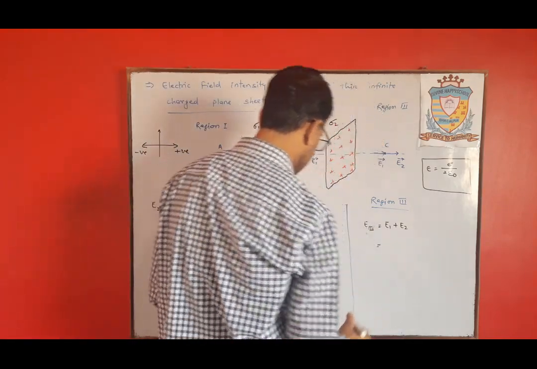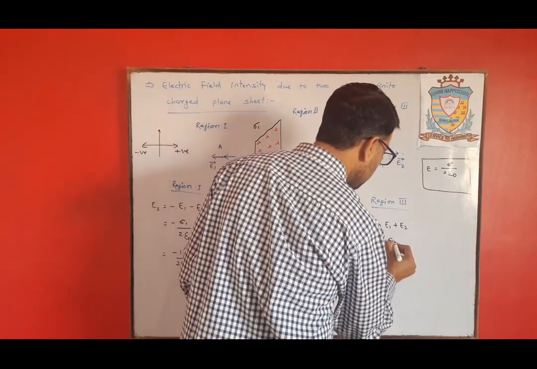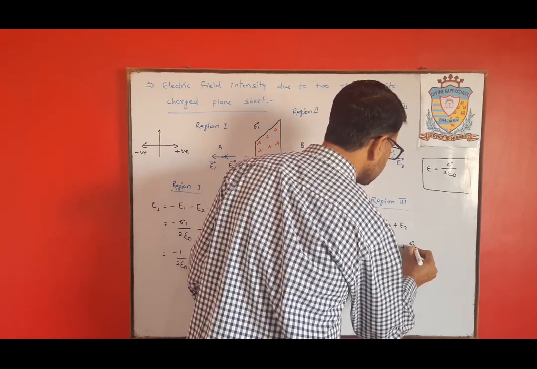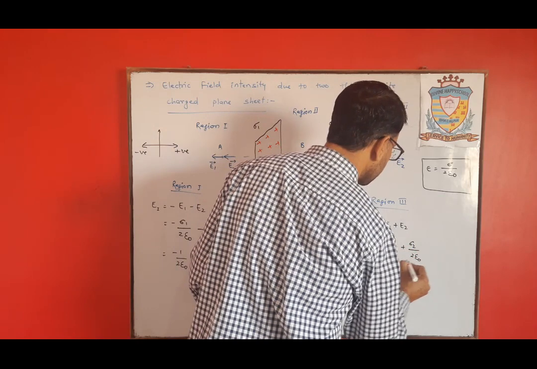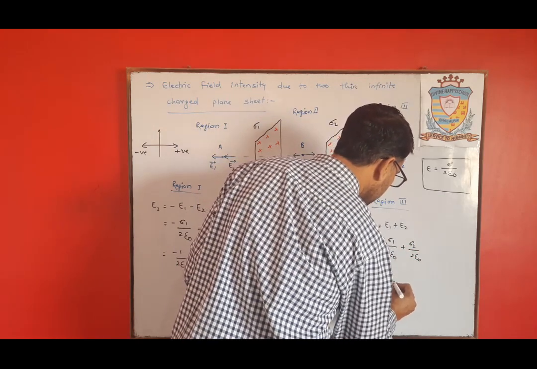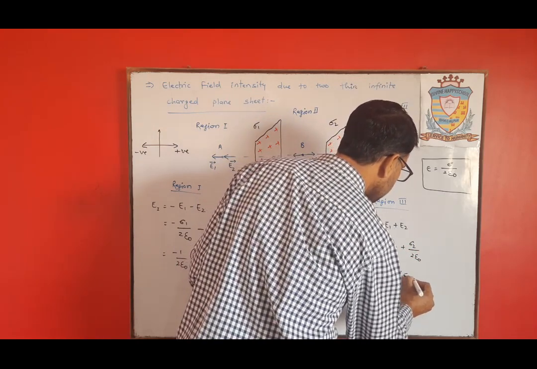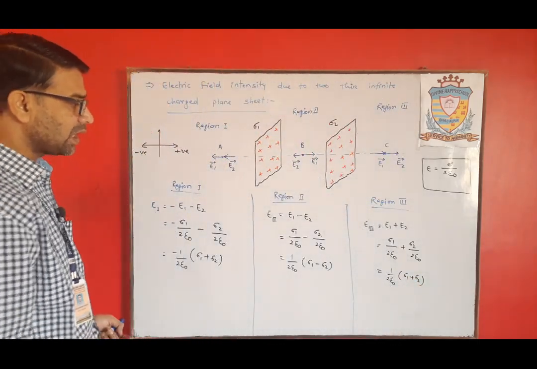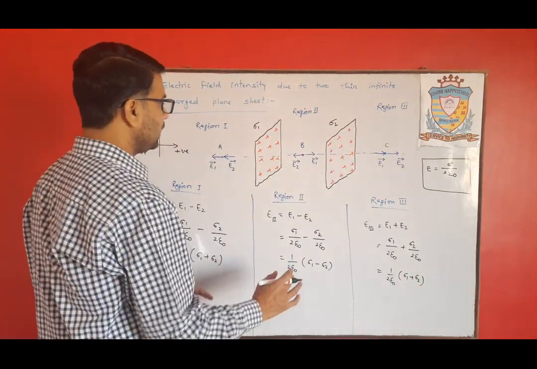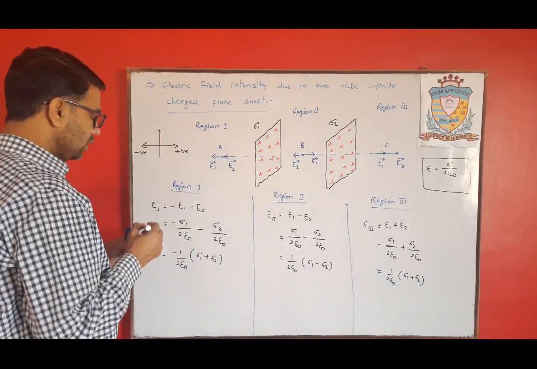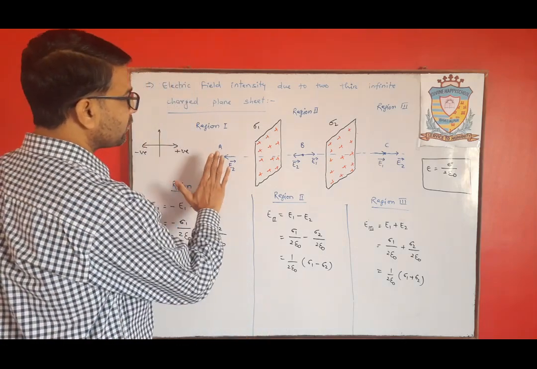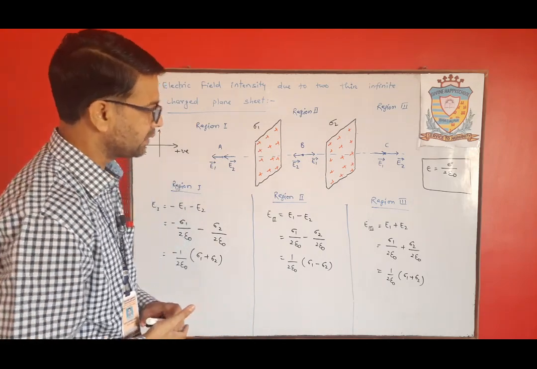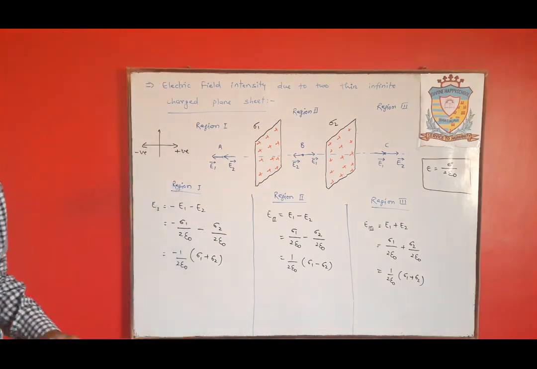In case 3, again we'll put the value, that is sigma 1 upon 2 epsilon naught plus sigma 2 upon 2 epsilon naught. So we'll take 1 upon 2 epsilon naught as common. What we have, sigma 1 plus sigma 2. So this is the total electric field intensity in 3 different regions. So what we'll do, we'll simply write down this value over here, and then after we'll see the special cases. Okay.